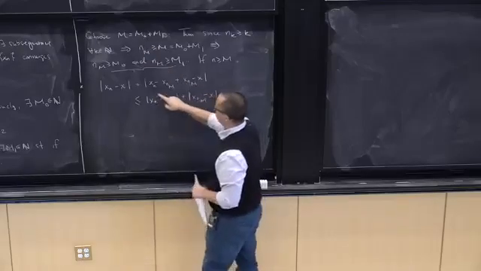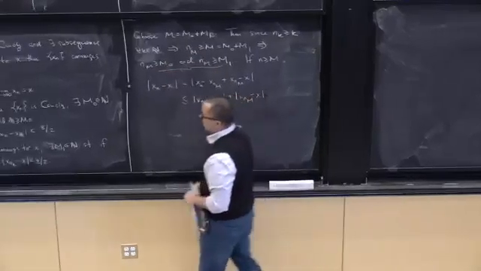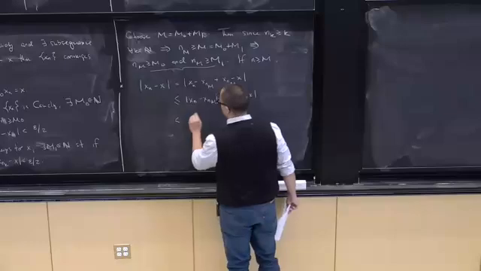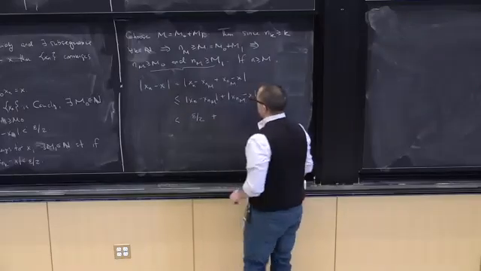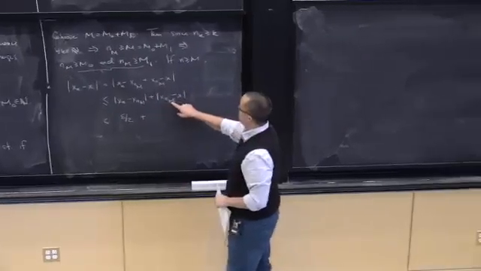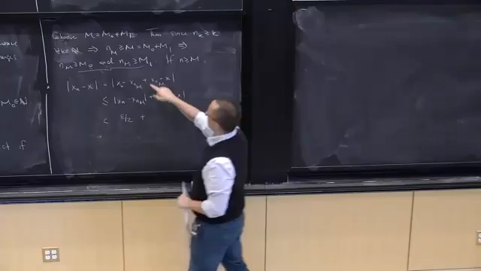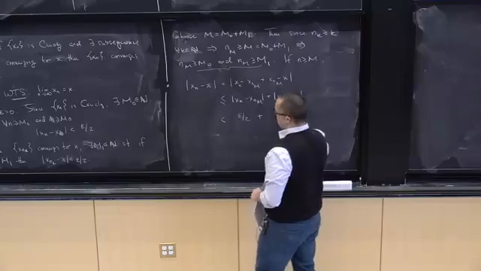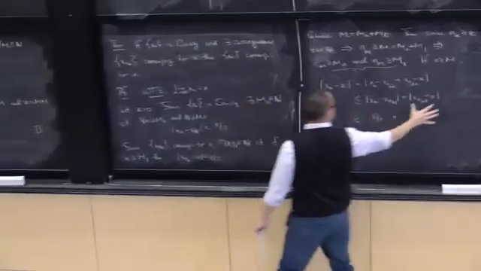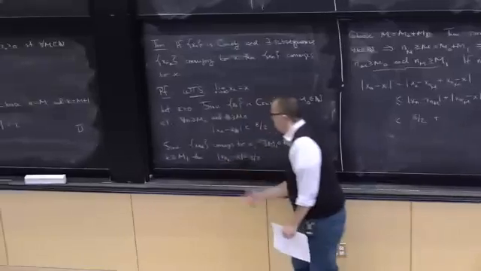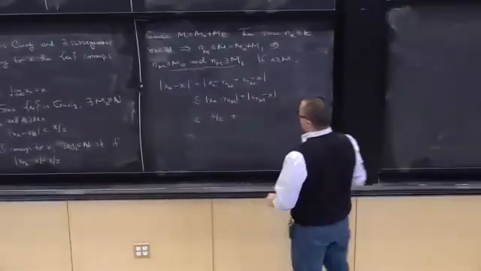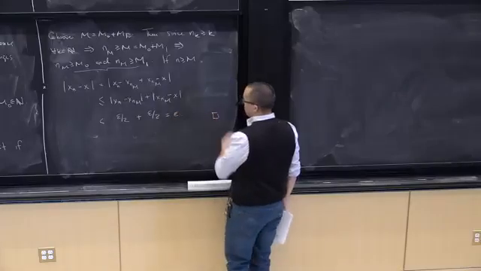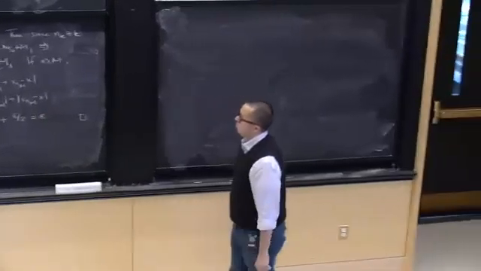And n sub M, we just showed, is bigger than or equal to m0. So by this inequality, the first term is less than epsilon over 2. And M is certainly bigger than or equal to m sub 1, and therefore this part is less than epsilon over 2 because of this inequality. Okay? So that choice of capital M works.